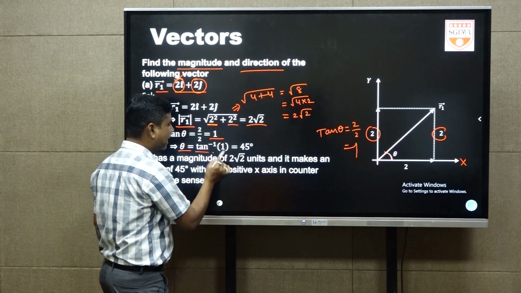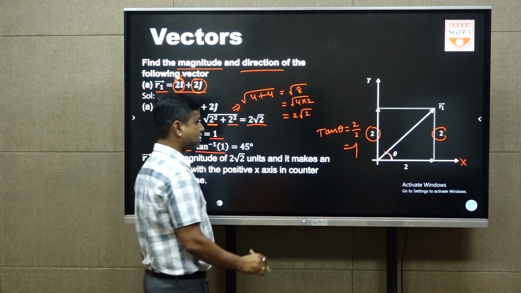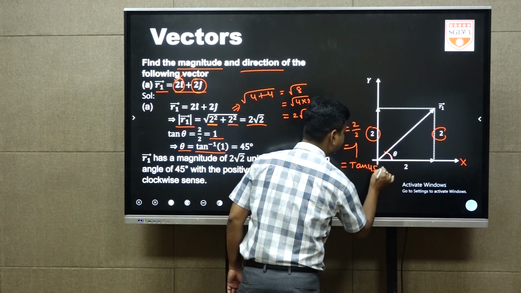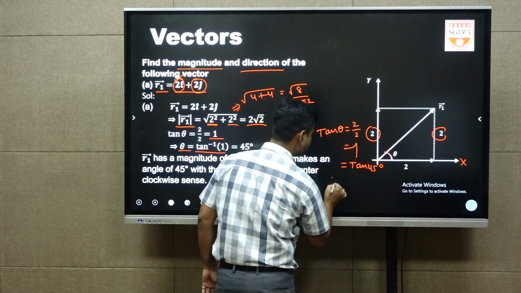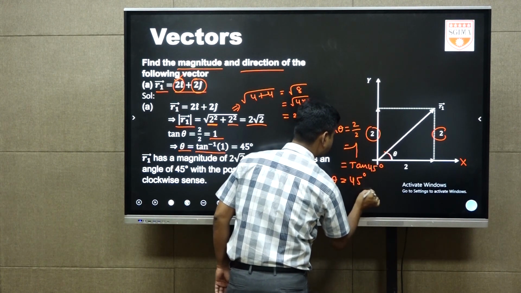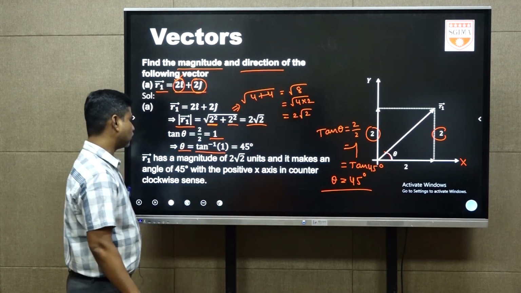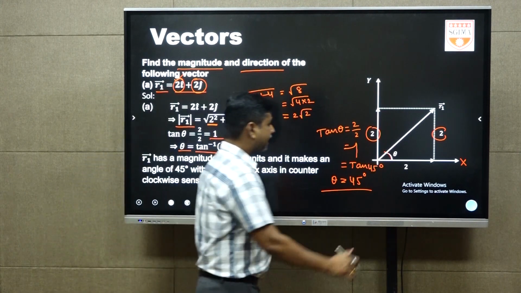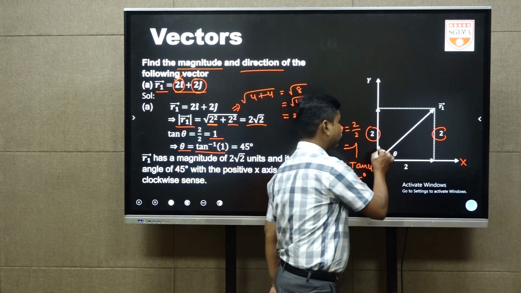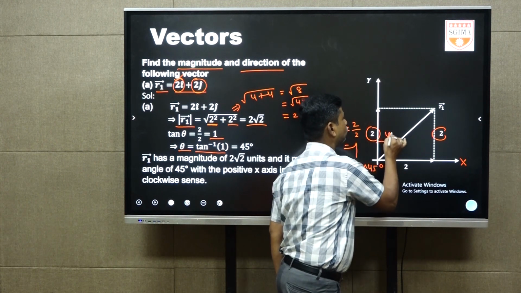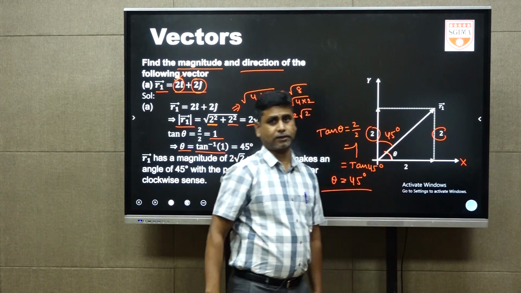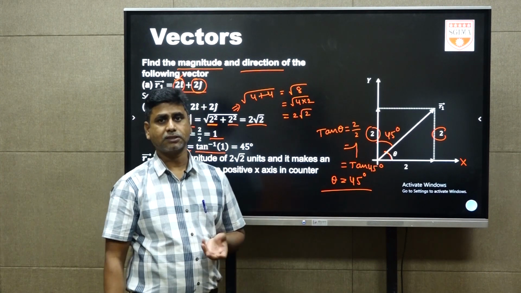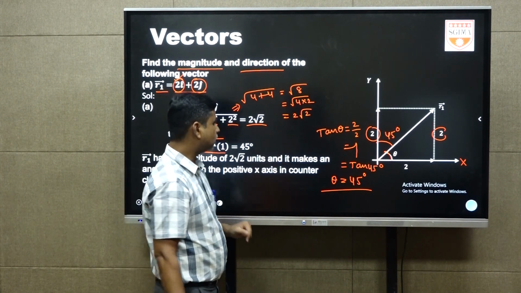Then theta equals tan inverse of 1, and 1 is tan 45 degree, so theta equals 45 degree. Here the magnitude is 2 root 2 and the direction is 45 degree with the x axis. With the y axis it is also 45 degree, because the total angle is 90. For example, if with the x axis you get 30 degree, then with the y axis the answer is 60 degree, since the sum of the two angles equals 90.